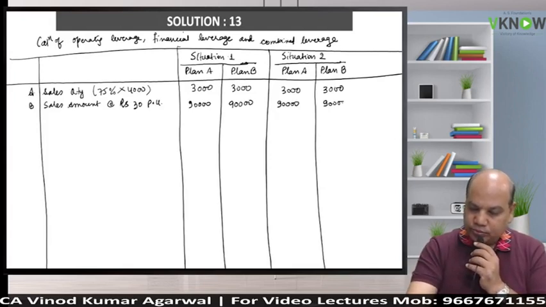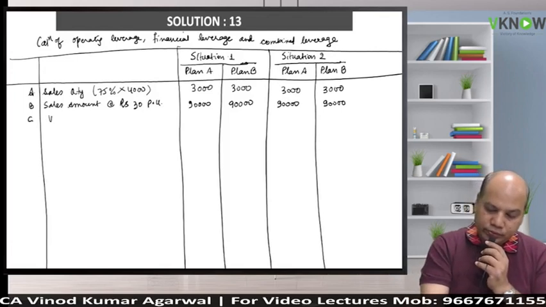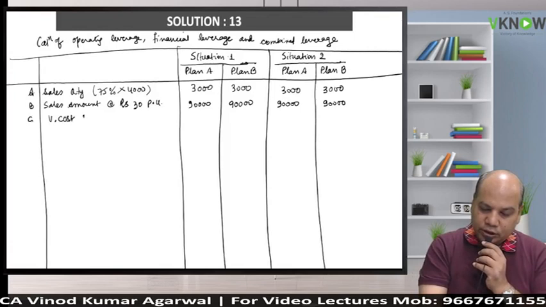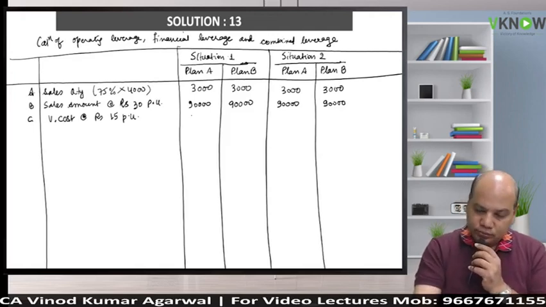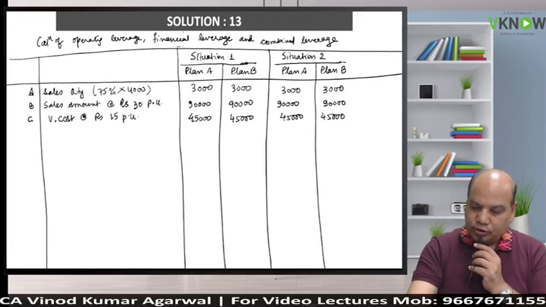Point number C, write down variable cost at the rate of rupees 15 per unit. 15 into 3,000, 45,000 in every column.